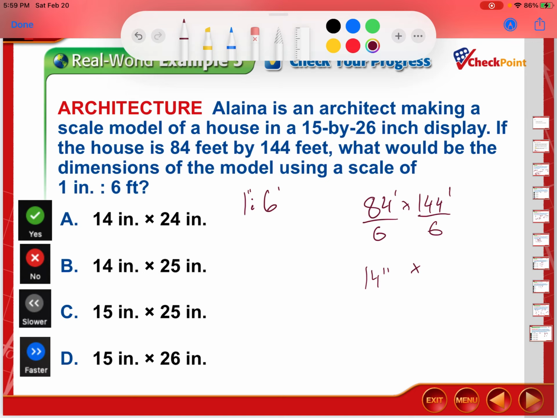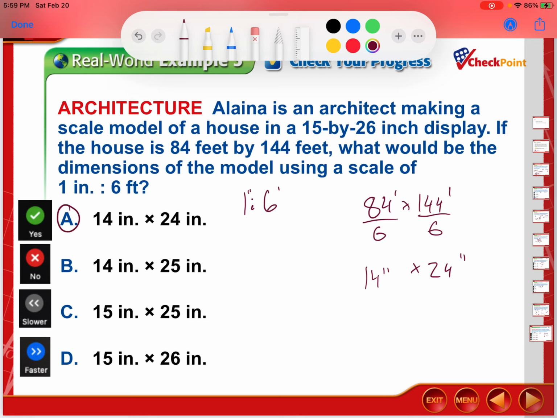So 14 inches by 144 divided by 6, which should be 24. So the dimensions of my display would end up being 14 inches by 24 inches.